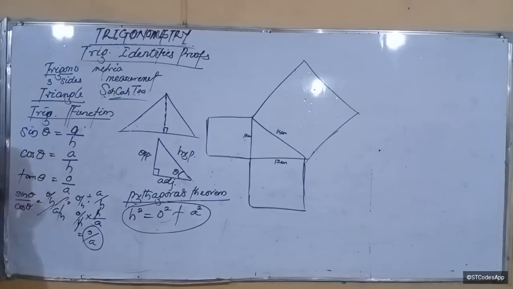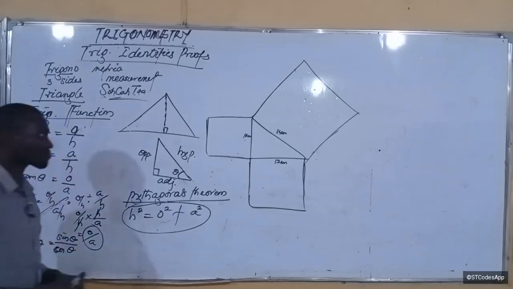Opposite over adjacent is tan theta. So we have found out that tangent of theta, rather than just write opposite over adjacent, is actually equal to the ratio of sine of an angle over the cosine of that angle. So we have proven something just now.